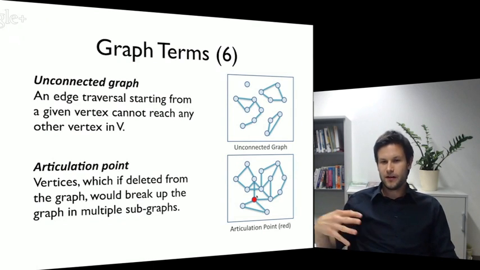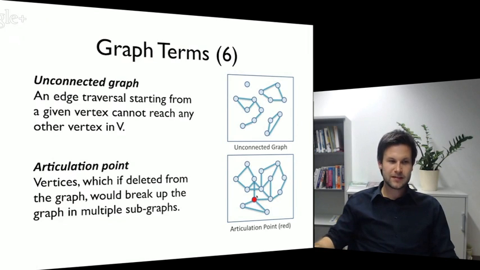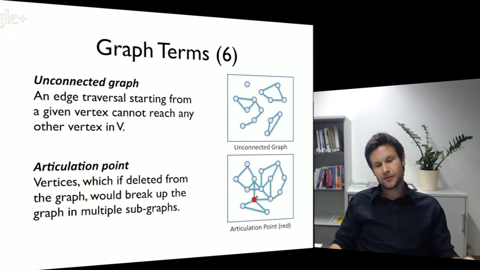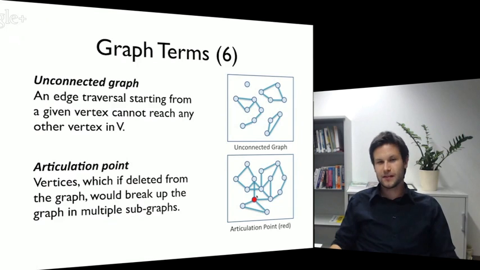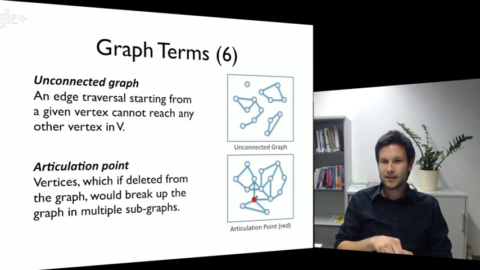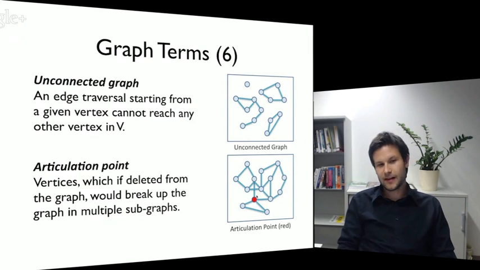Like if you have a friends network which is related to your college, and you have another friends network which is related to, I don't know, the kids in the neighborhood where you grew up, then you're the only person that connects these two sets of people, and that would be an articulation point.